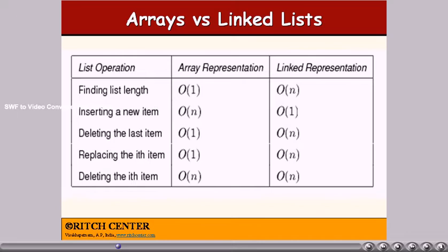For example, finding list length. In array, order of complexity 1, whereas in the linked list it is order of n. Inserting a new item, here it is order of n, whereas linked list just order of 1.